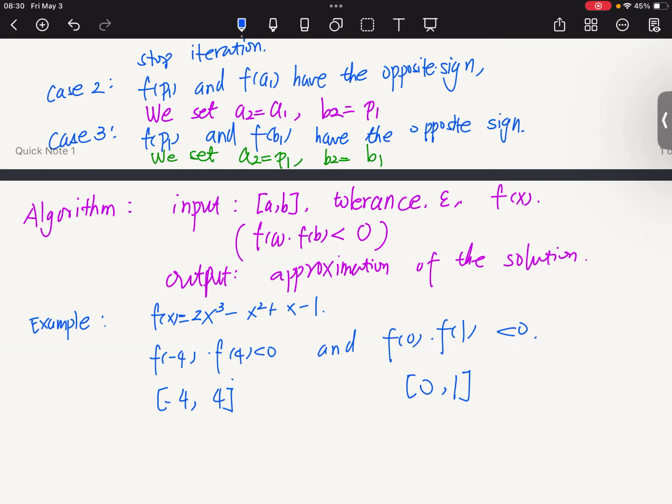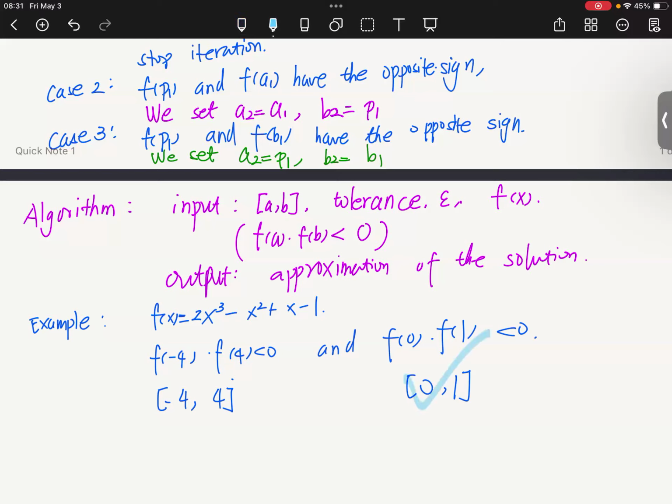So each time, if you have different intervals and they both satisfy these conditions, where the product or the signs of the values are opposite, I would choose the smaller interval to start off. And so I would prefer this one. And that's it.